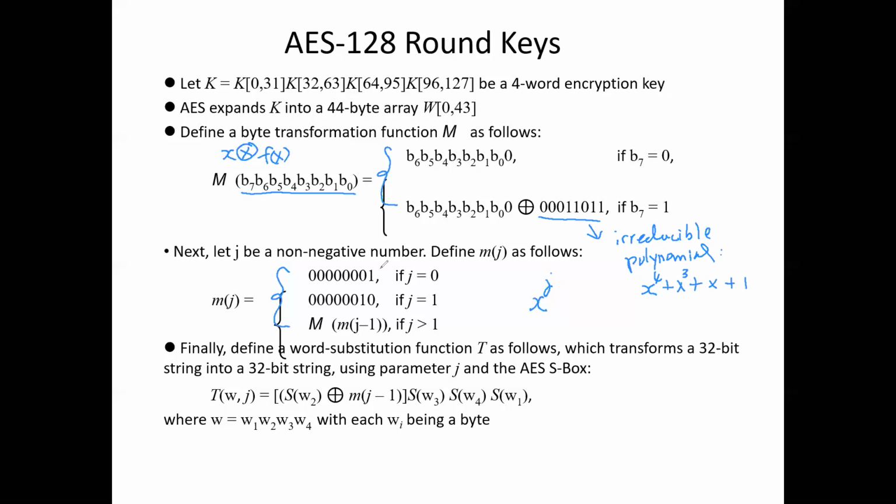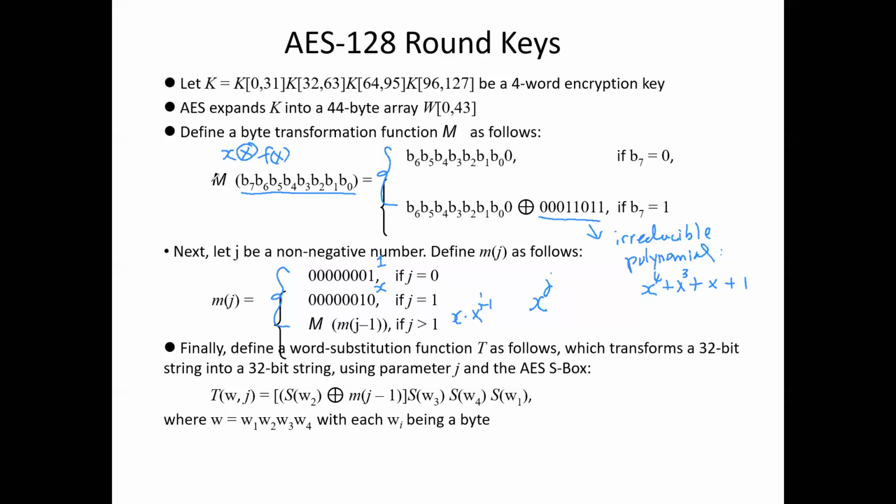Again, for this Sj, you apply this capital M because x multiplies itself j times. If j is 0, that's just number 1 because x to the 0 is 1. If j is 1, it's just x itself. Otherwise, it will be equal to x times x to the j minus 1.